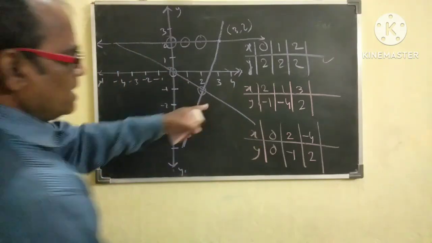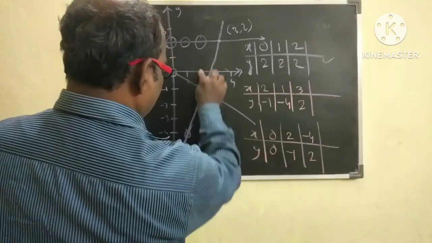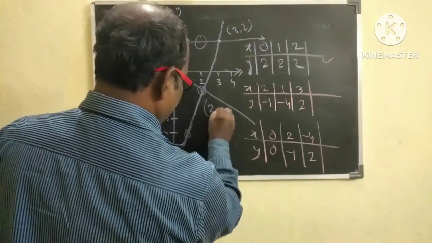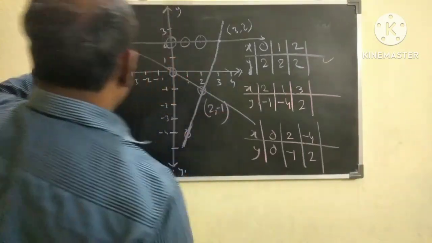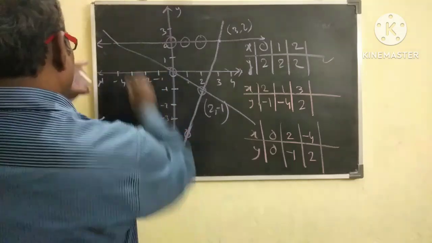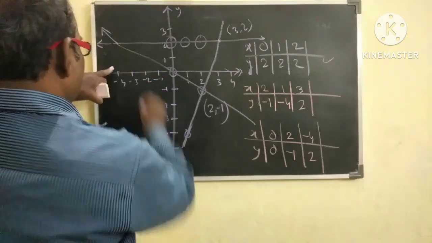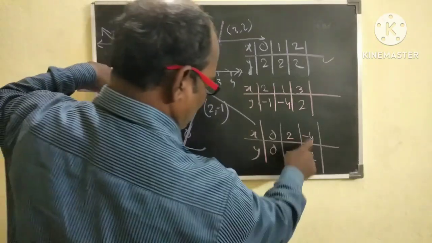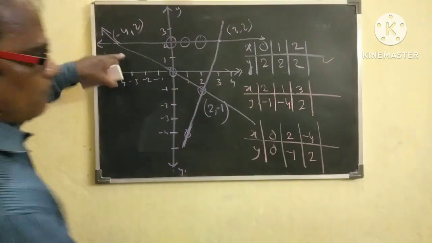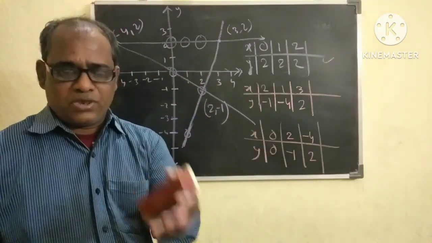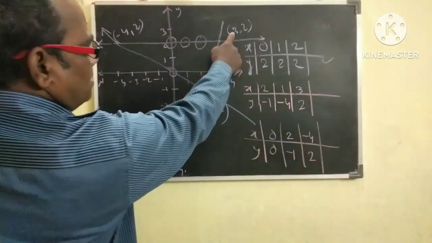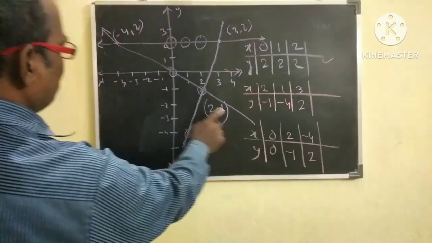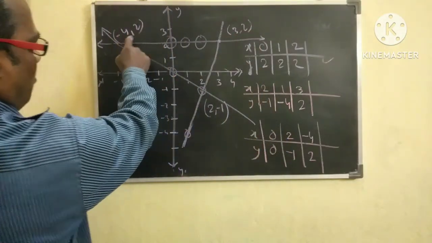So one of the vertices here is 2, minus 1, and here the point is minus 4, 2. So these are the vertices which have been asked in your question: the three vertices are 3 comma 2, 2 comma minus 1 and minus 4 comma 2.